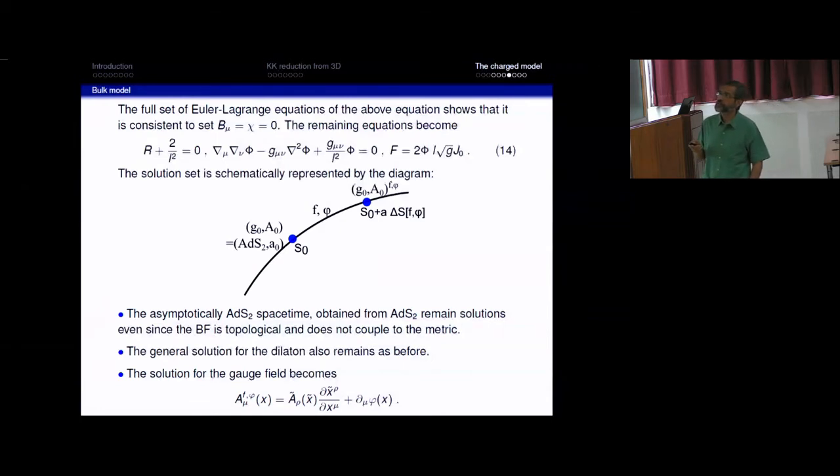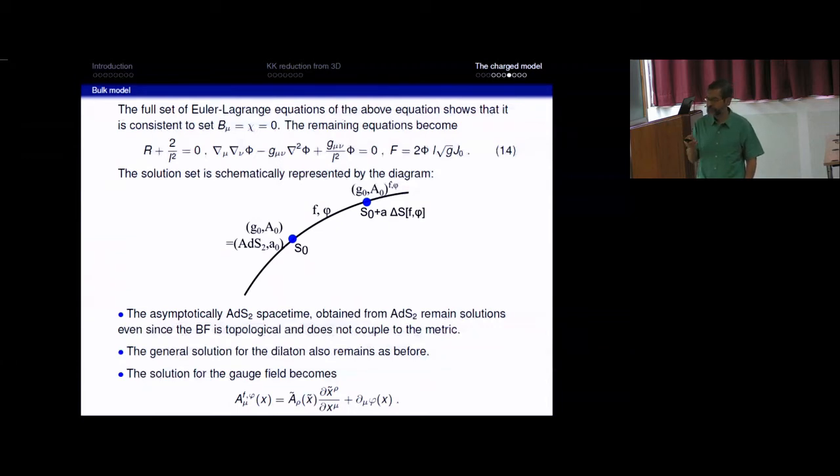And so the solution set is schematically pictured like this: you start from AdS2 and a constant value of A naught. So then in A_Z equal to 0 gauge, it just becomes a constant value of A naught. And then you make a simultaneous large diffeomorphism and large gauge transformation on it, and you generate all your solutions.